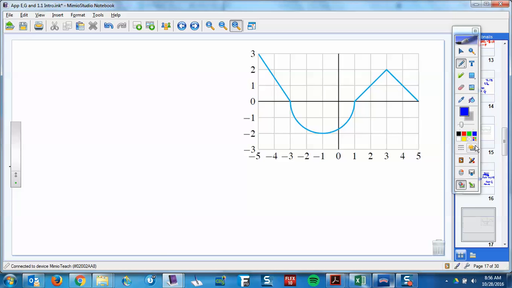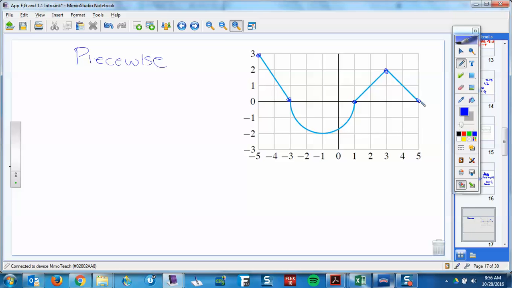This is called a piecewise function. Now, this is not a hard concept. A piecewise function is just a function that's defined in pieces. How hard can that be? This one has 4 pieces. It's got a line, it's got a half of a circle, it's got another line, and it's got a third line.